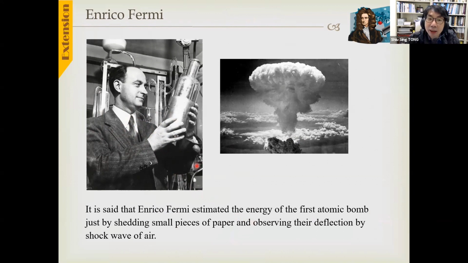Legend has it that during the first test explosion of the atomic bomb in the desert in the United States, Fermi stood at a distance of several kilometers from the site of the explosion. During the explosion, shock waves came out from the exploding bomb, and the shock wave just passed his body, like some wind.